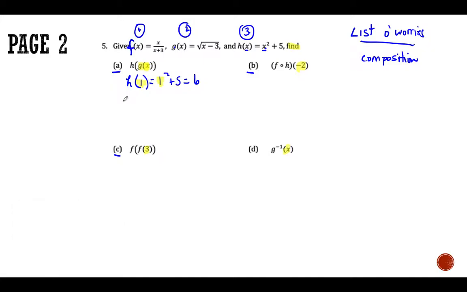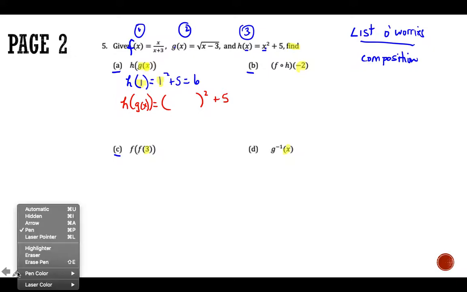So h of g of x equals x squared plus 5. But what is g of x? Can you find what g of x is called?